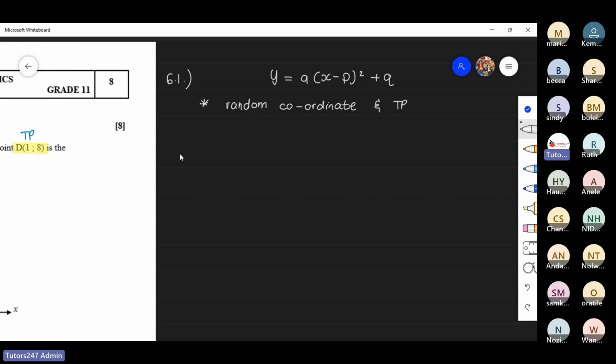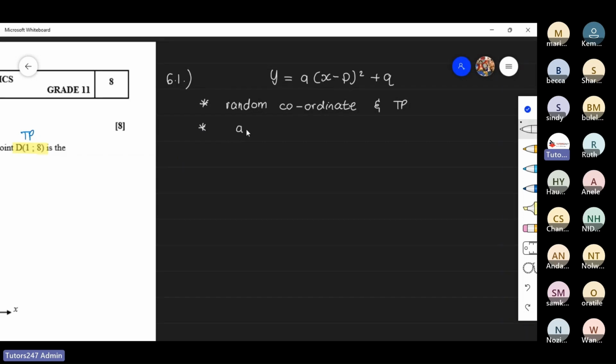If we have any random coordinate and a turning point coordinate, we will then be able to use this form in order to calculate the equation of our function. But there is one thing that's important to take note of with the requirements. If you are given the value of A, you do not need the random coordinate. So let's make that requirement number 2.